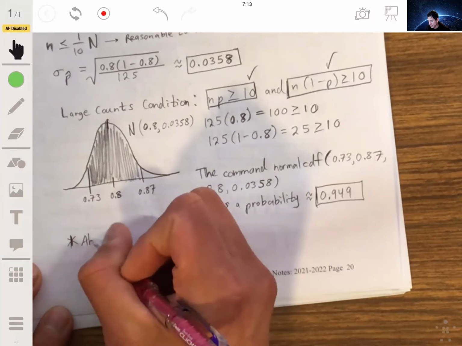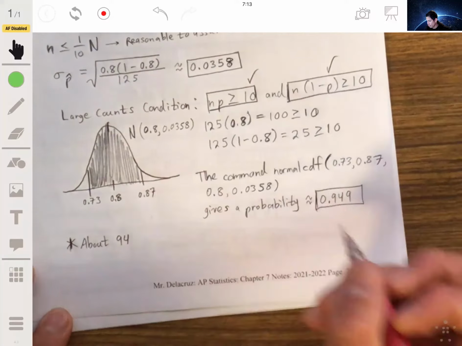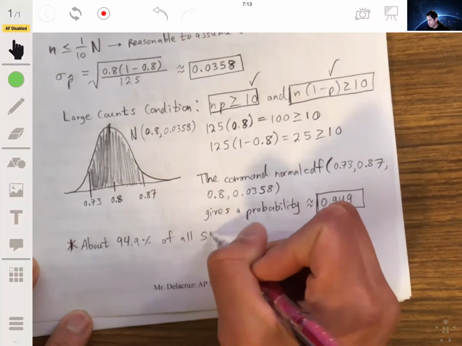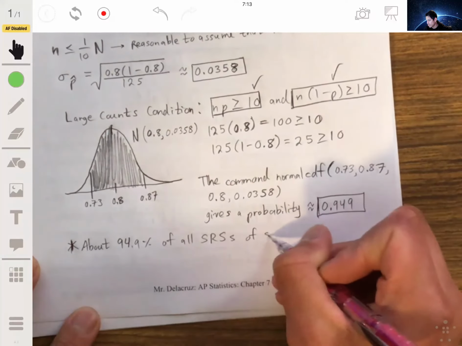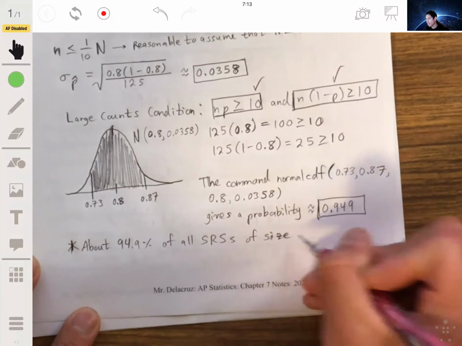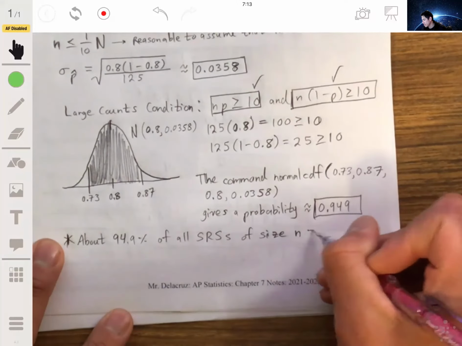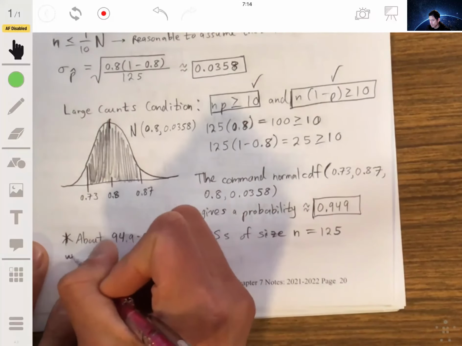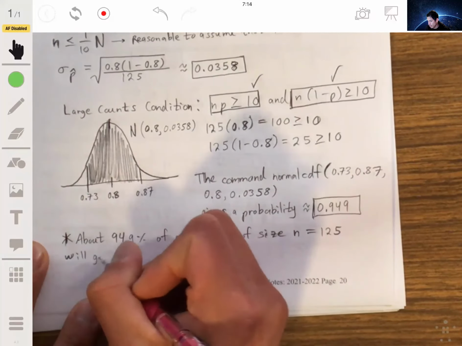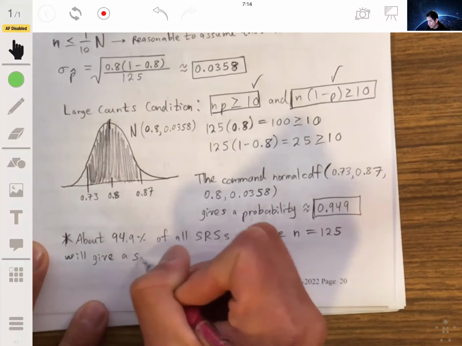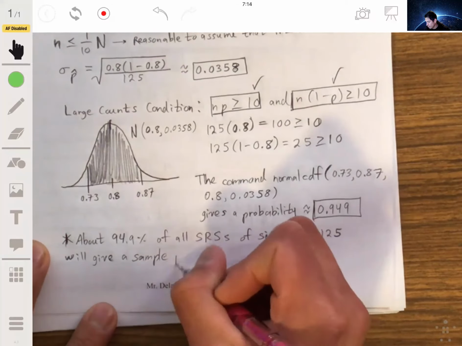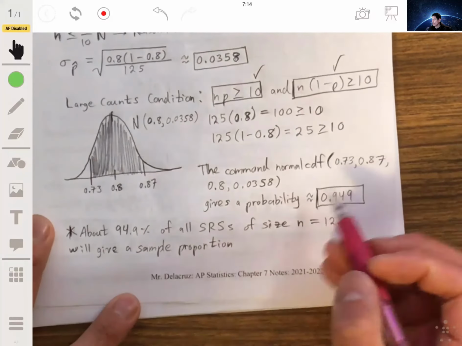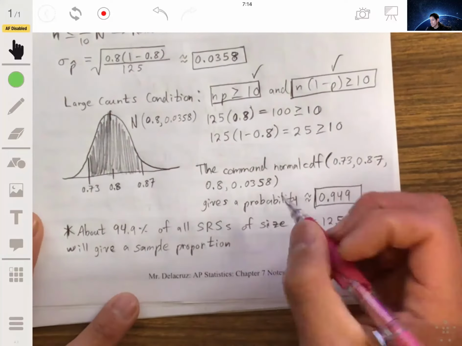So about 94.9% of all simple random samples of size 125 will give a sample proportion between 0.73 and 0.87. Again, a sampling distribution is specific to sample size.